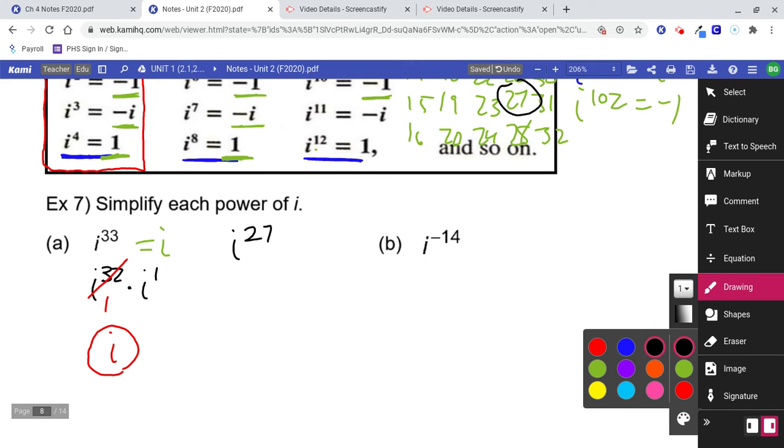I think what you should do is try to find a multiple of 4 that's nearby. So I could say that i to the 27th is like i to the 24th times i to the third. Find a multiple of 4 because we know that a multiple of 4 is equal to 1. And so then we just have 1 times i to the third, and we know i to the third is equal to negative i.